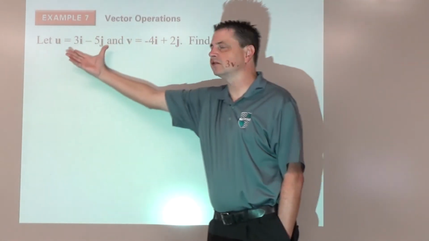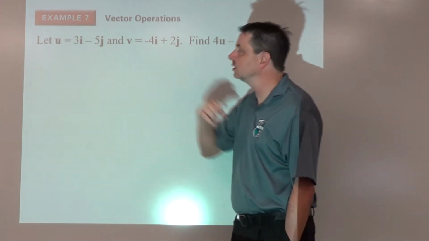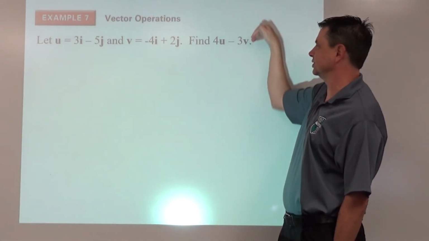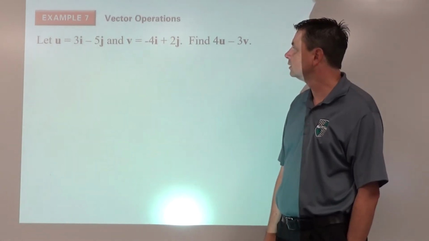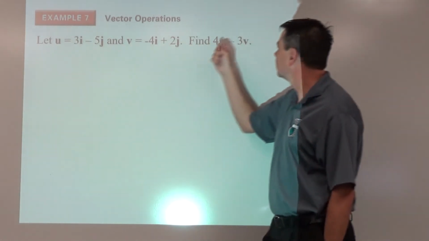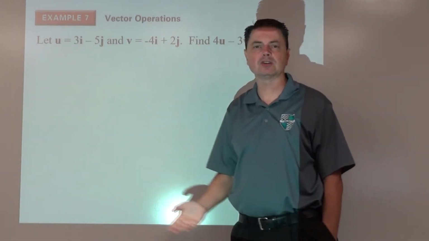Let u be this vector, which is a combination of i's and j's, and v be this vector, a combination of i's and j's. Find the vector 4 times u minus 3 times v. It's just an algebra problem. So all we need to do is do 4 times this expression minus 3 times this expression and do it algebraically.